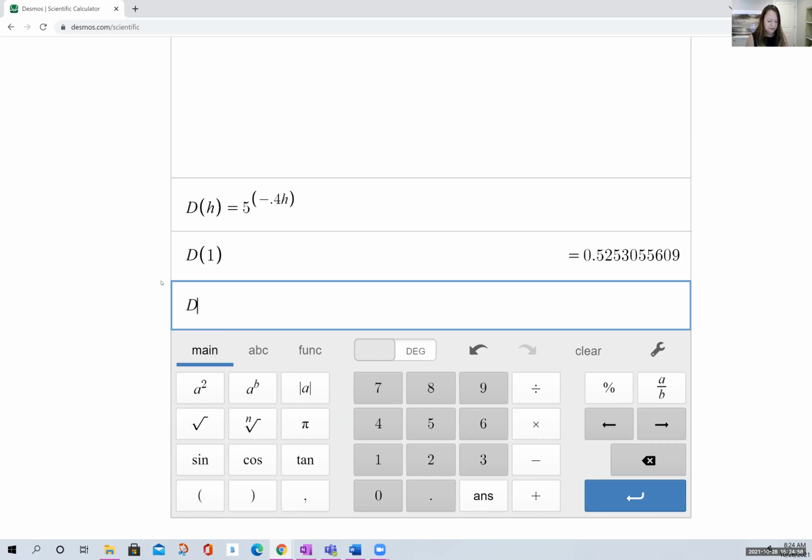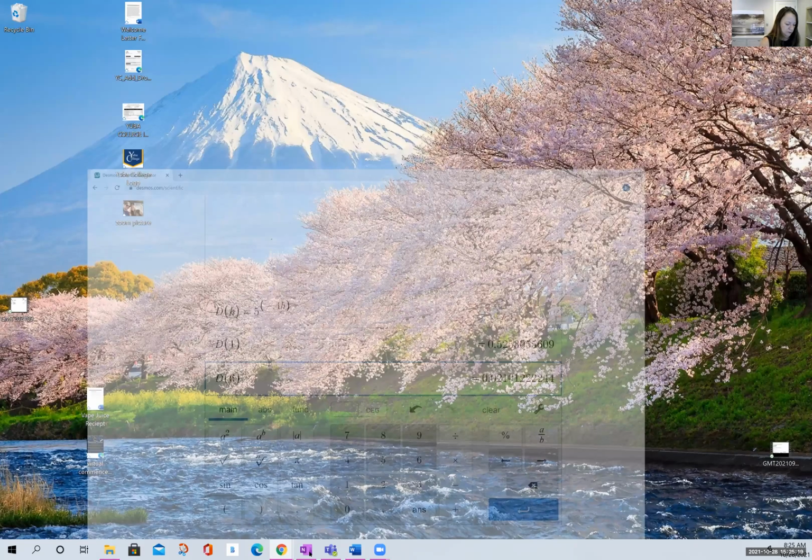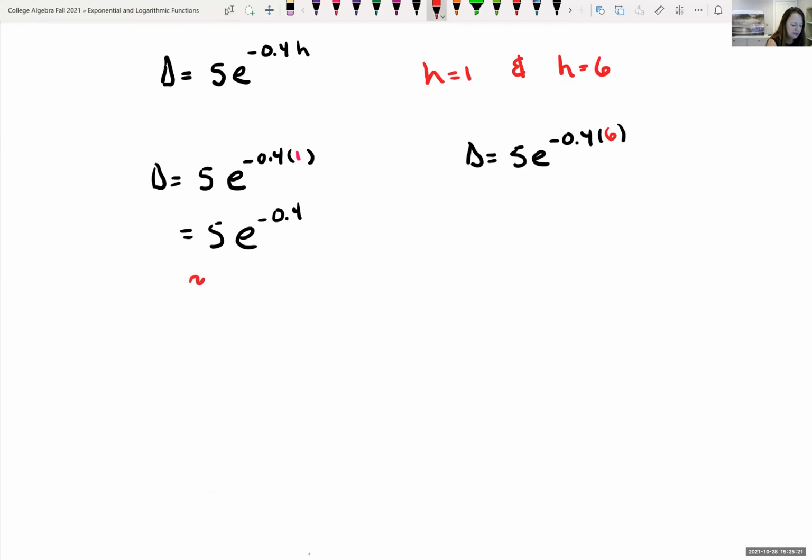And if I want to see what's happening after 6 hours, the medication left in the bloodstream is approximately 0.02 milligrams. This was approximately 0.53, and this was approximately 0.02.